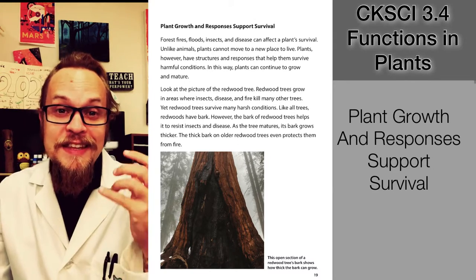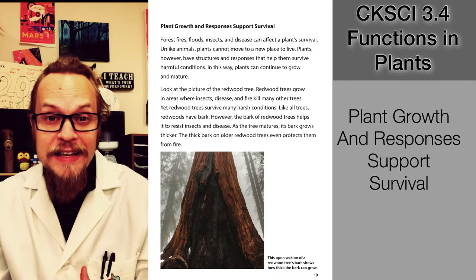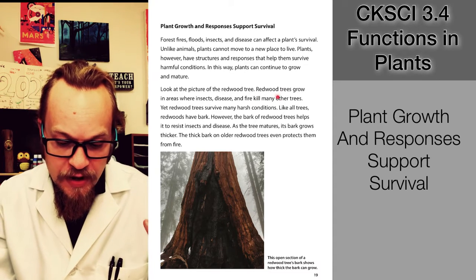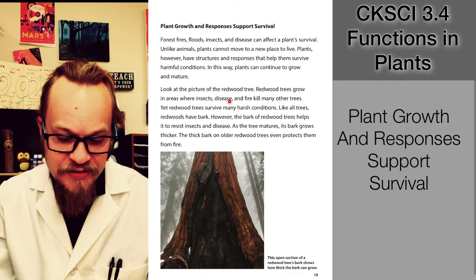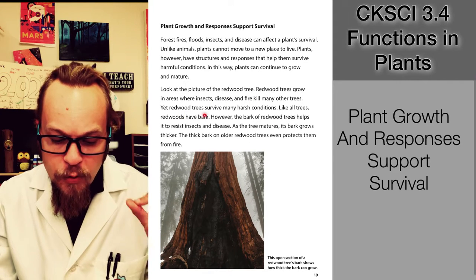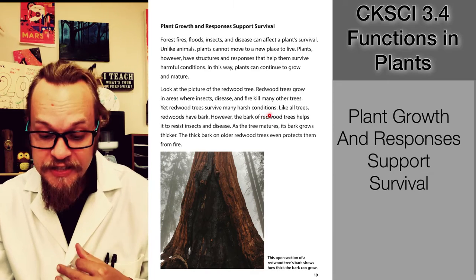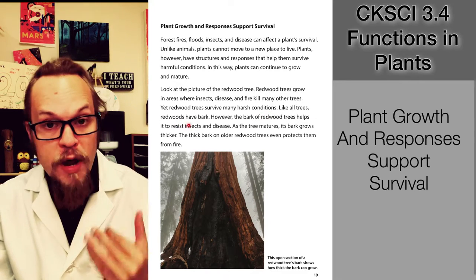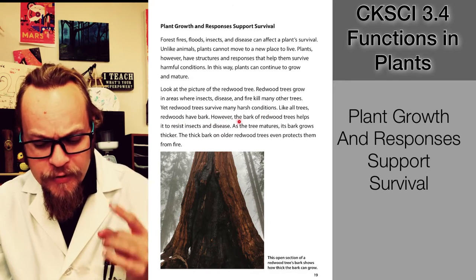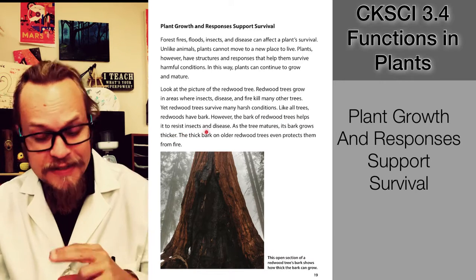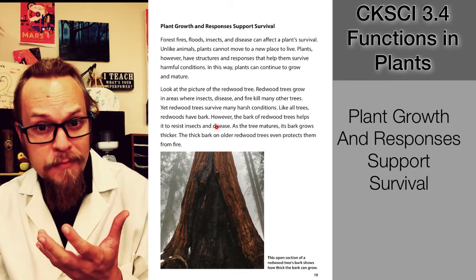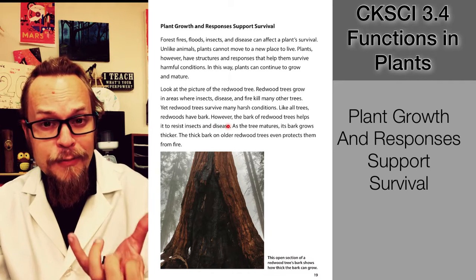But regardless, these trees have systems in place to protect them from wildfires. Redwood trees grow in areas where there's insects, disease, and fire. Yet redwood trees survive many harsh conditions. Like all trees, redwoods have bark. However, the bark of a redwood tree helps it to resist insects and disease, much like your skin helps protect you from disease.